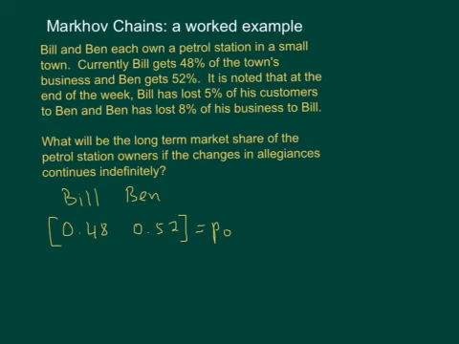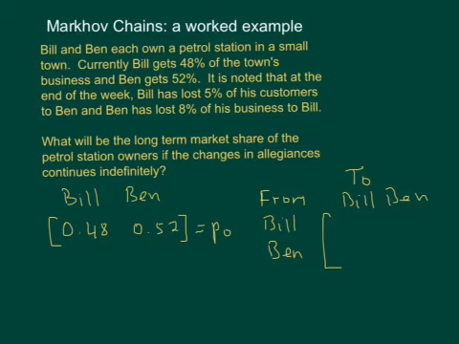So now we need the transition matrix, and this is how it goes. This is a market share problem, and it's the market share that's going from Bill and Ben back to Bill and Ben. So if I do it like this, you'll get the hang of it quickly, I'm sure. Bill and Ben. Okay. Now, what it says here is he's lost 5% of his customers to Ben.